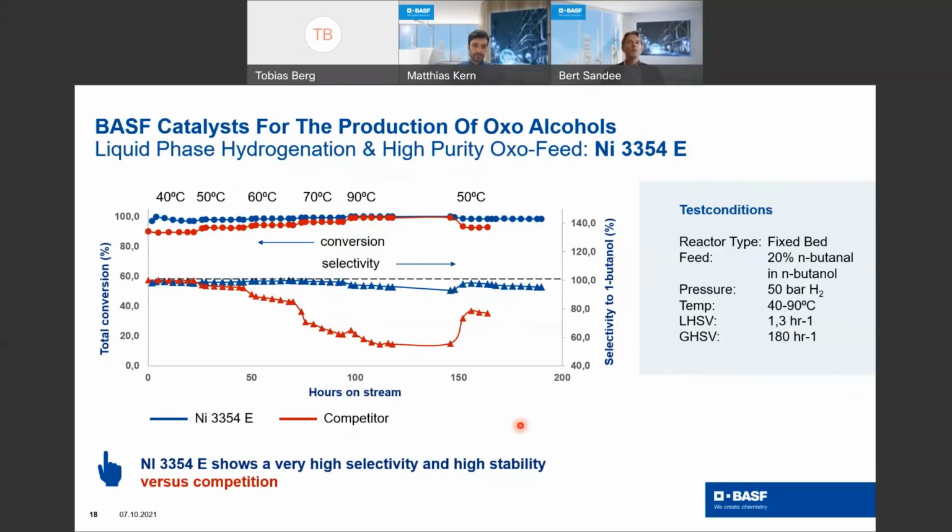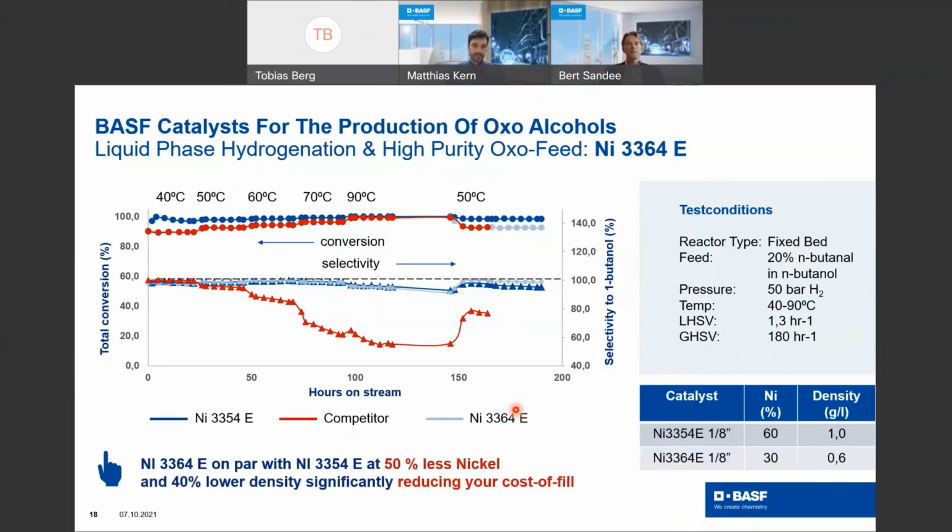And now I would like to put the 3364 in this graph as a superposition, and it will be reflected in light blue. So to remind you, the 3364 is a catalyst now containing only half the nickel and 40% lower in density. So it seems to be a more lightweight catalyst.